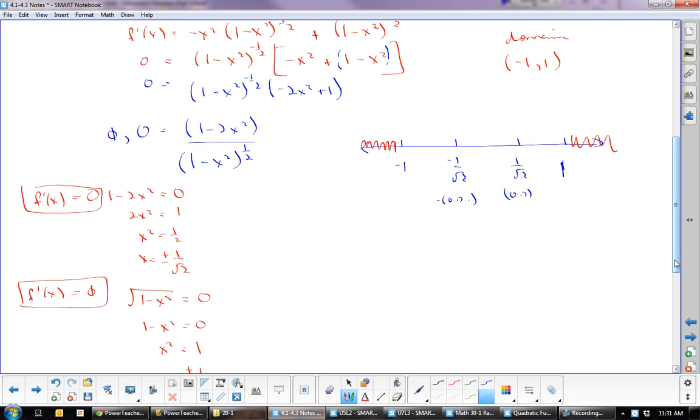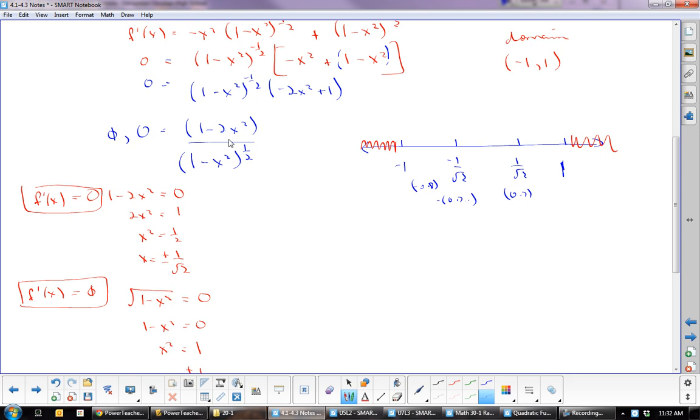Okay, so let's test something like -0.8, right? If you put -0.8 into 1 minus 2x squared, you might want to try that. What do you get when you put in 1 minus 2 times -0.8 squared?